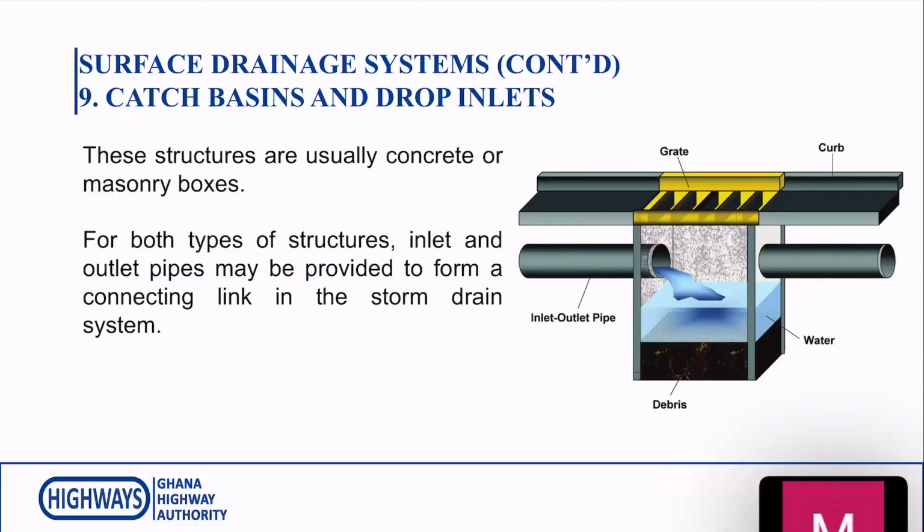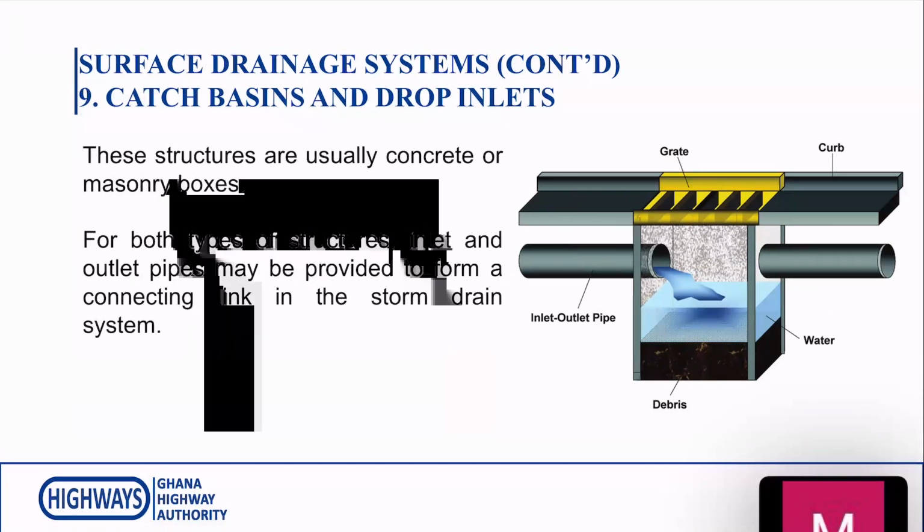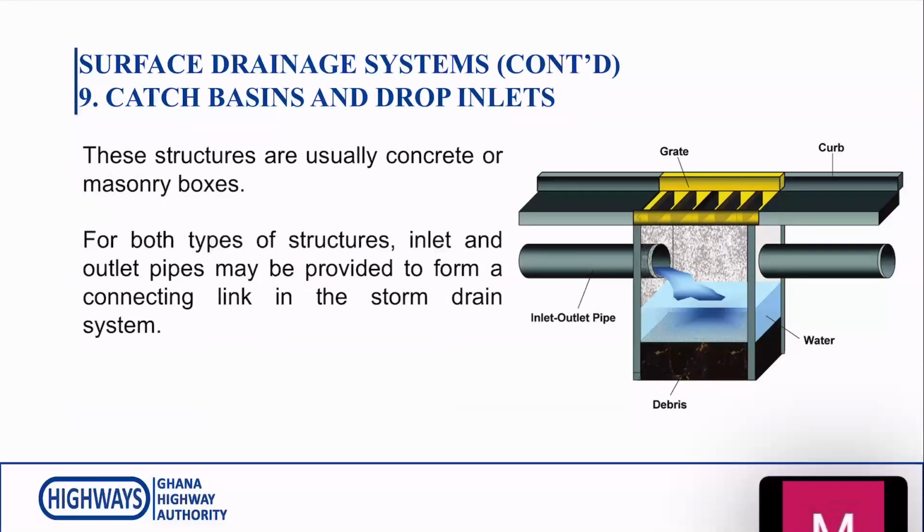The next one we want to look at is catch basins and drop inlets. Now, these are usually concrete or masonry boxes. For both of these structures, they have an inlet pipe and an outlet pipe, and they provide a connecting link to the storm drain system.